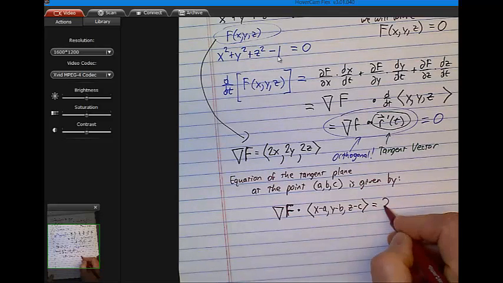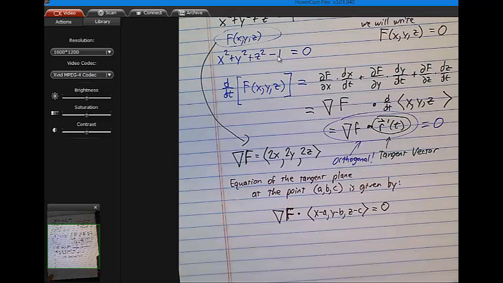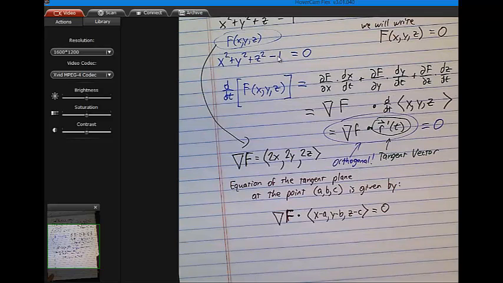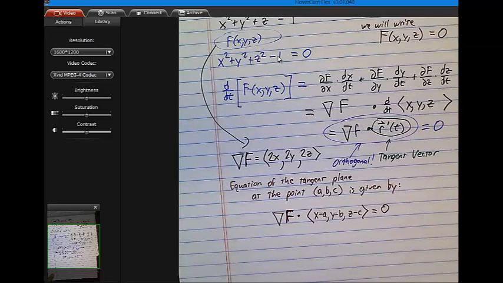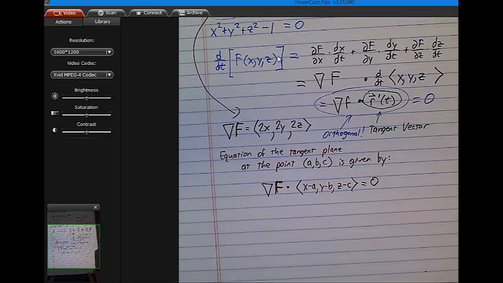Set that equal to 0. Done. There's the equation of the tangent plane. So that's really kind of cool.